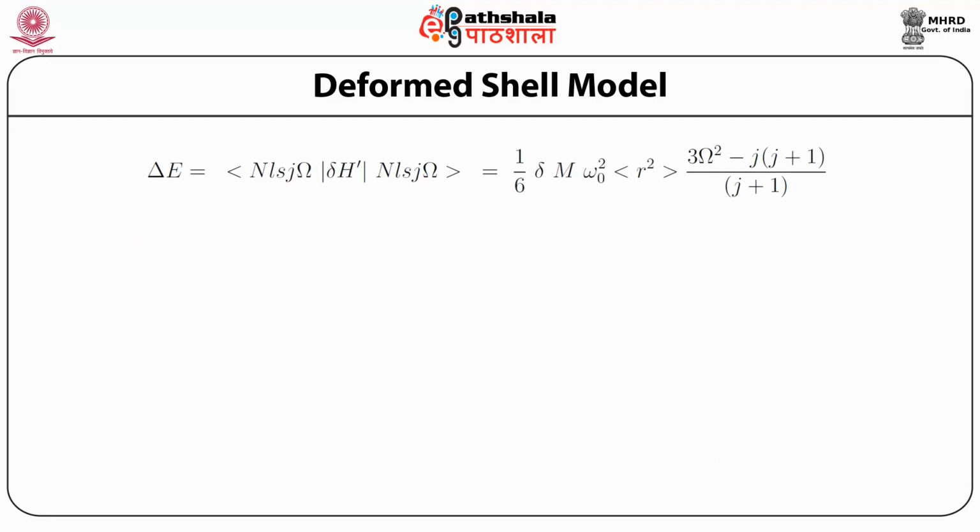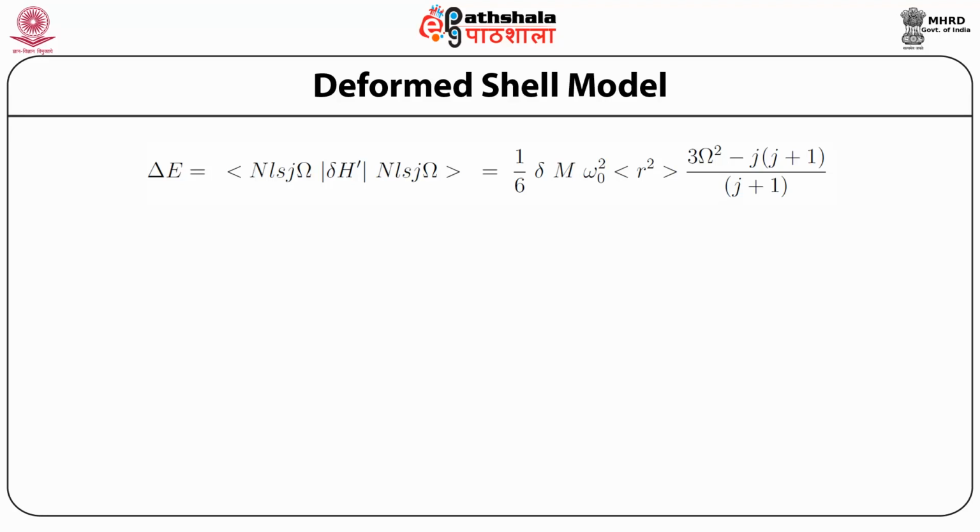Deformed shell model. In this slide we are going to discuss eigenvalues of the deformed nuclei. We have seen that the whole discussion about the deformed shell model lies in considering the axially deformed nucleus as equivalent to a spherical nucleus plus a small perturbation due to the deformation.